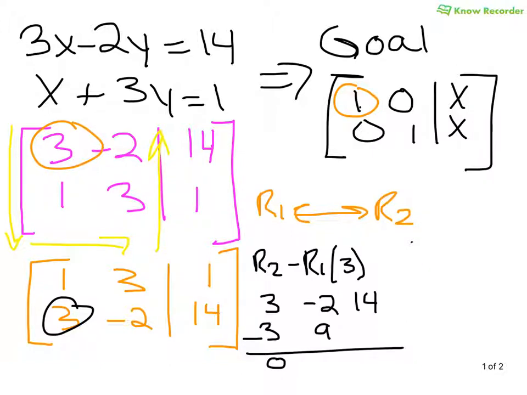And so what we'll end up with is 0, negative 11, and 11.